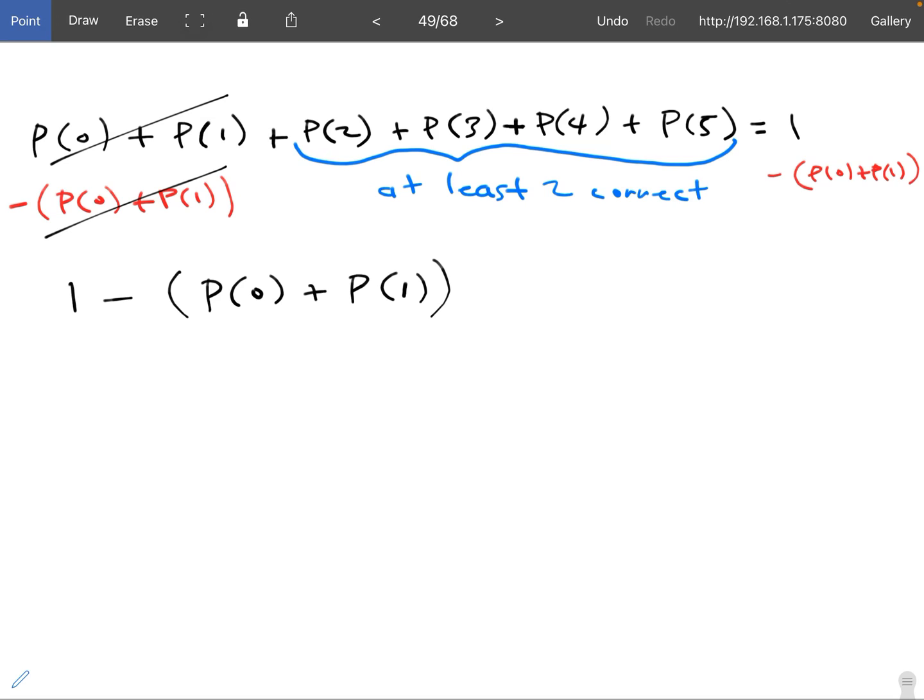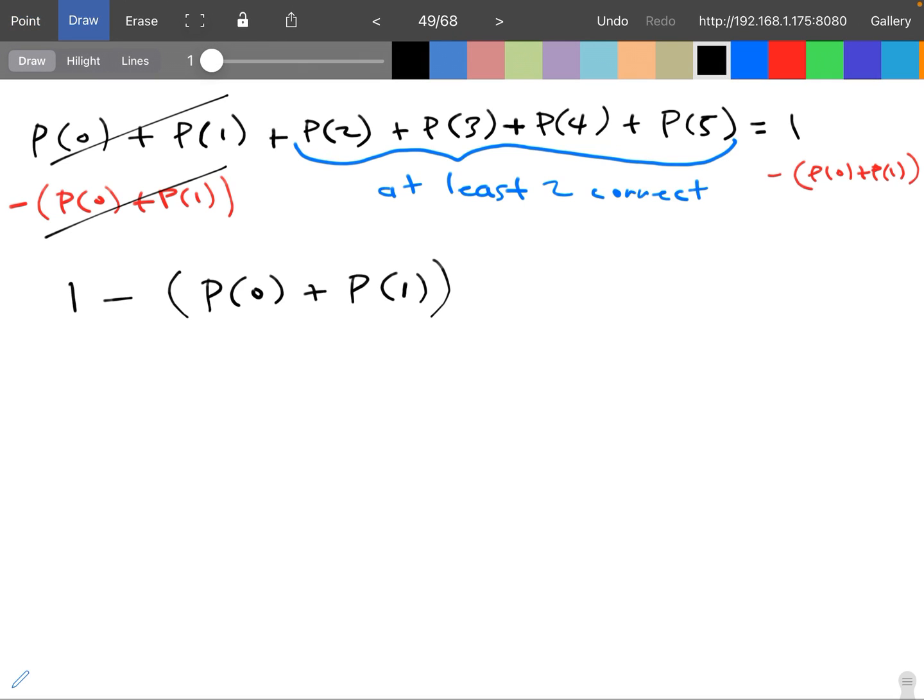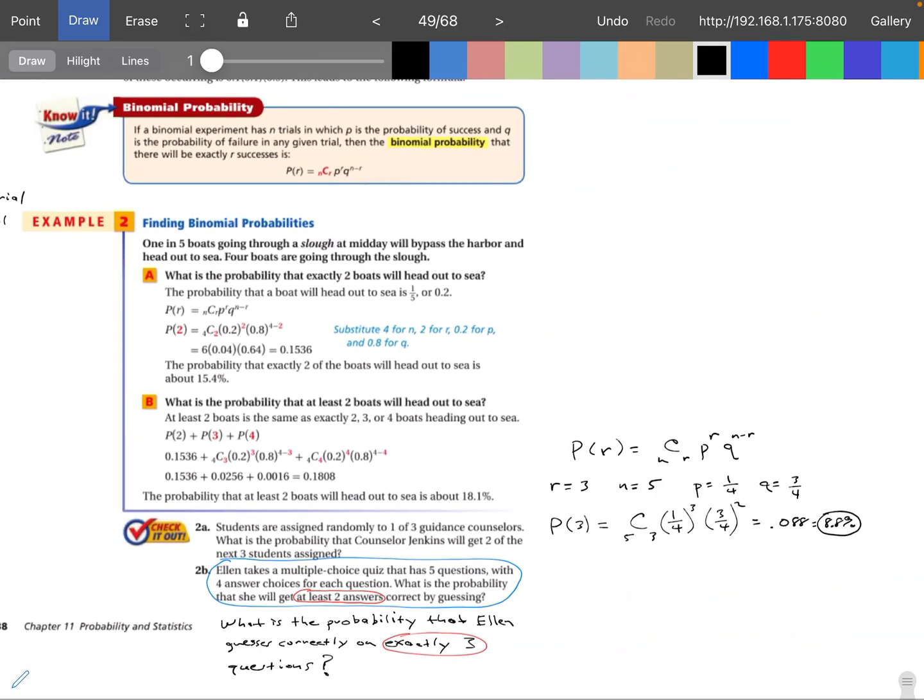So let's do it. Let's set it up. So we're going to go 1 minus, parenthesis. Now remember, this number here, that's your R, your number of successes. Now the rest of this thing stays the same as what we had before.